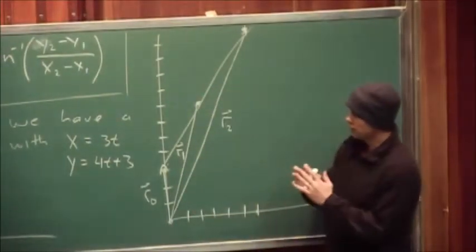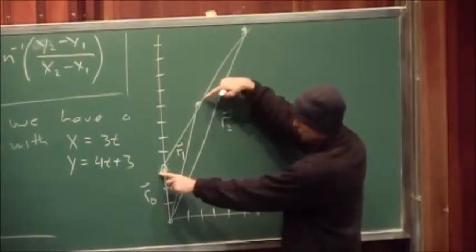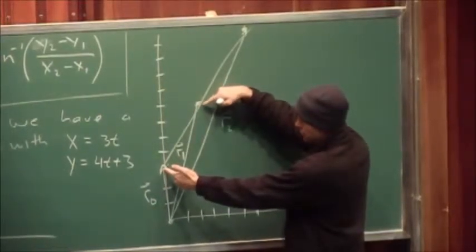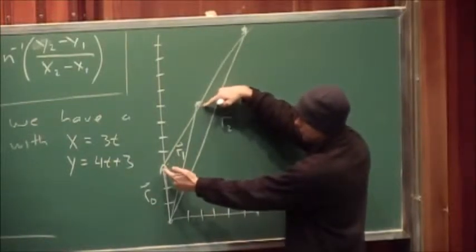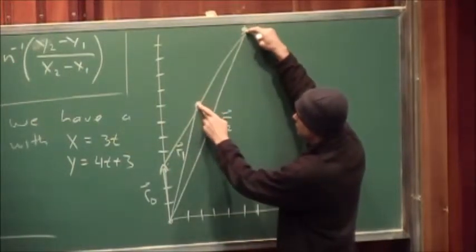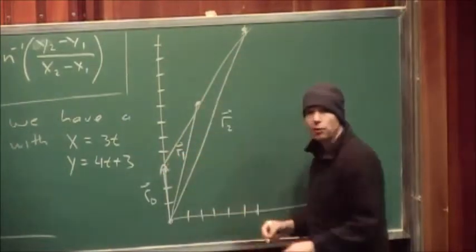Let me just reiterate that. Delta r becomes the change in the displacement as a function of time, from time t equals 0 to time t equals 1 second, and then from 1 second to 2 seconds, and it turns out that these are both the same.